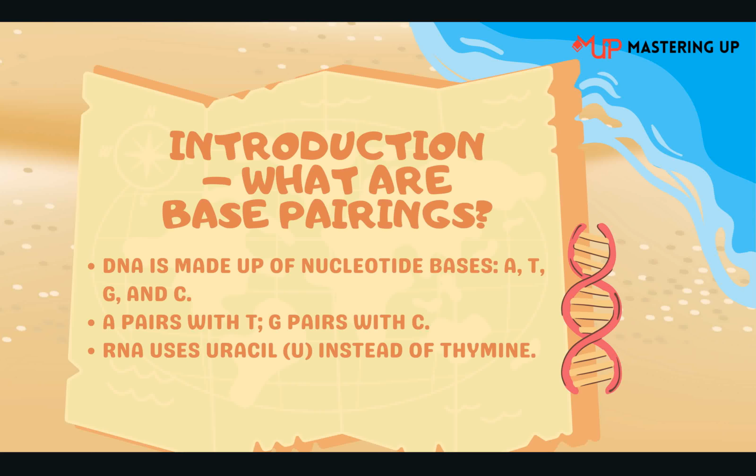In RNA, uracil replaces thymine, so adenine pairs with uracil. These base pairing rules are critical for accurate replication and transcription, so that the correct protein is produced from the information available in the DNA.